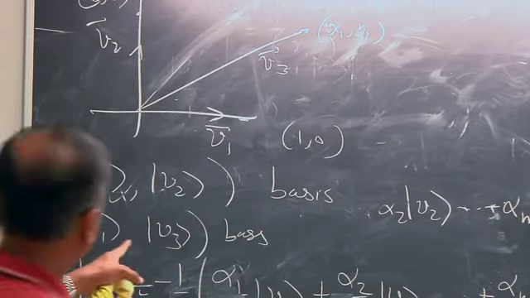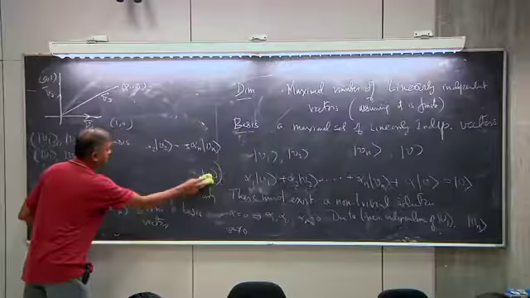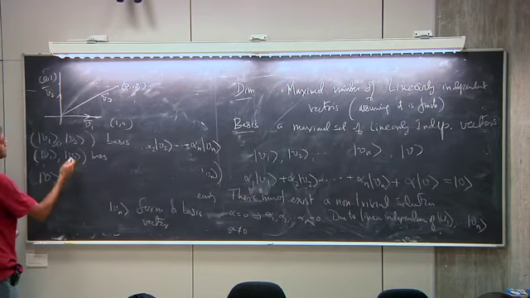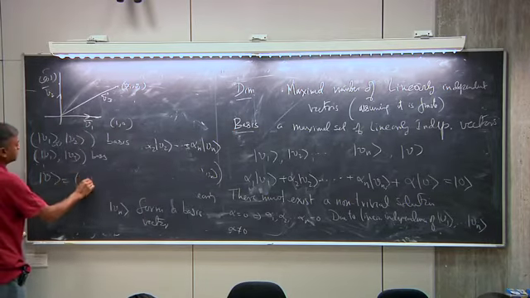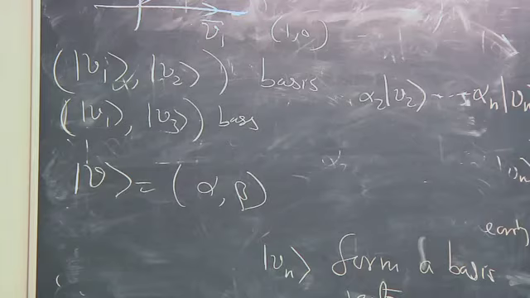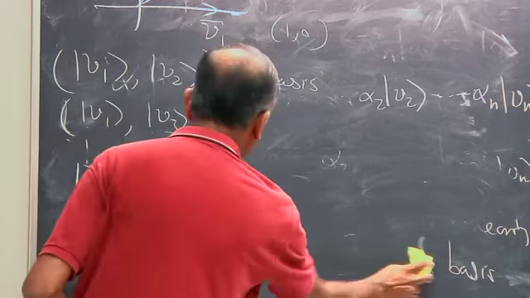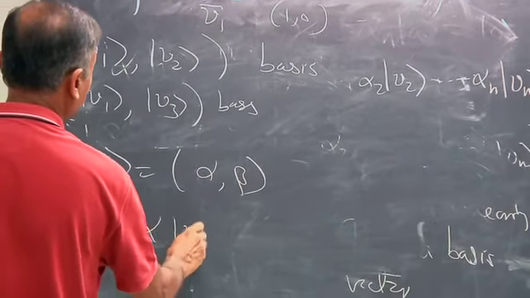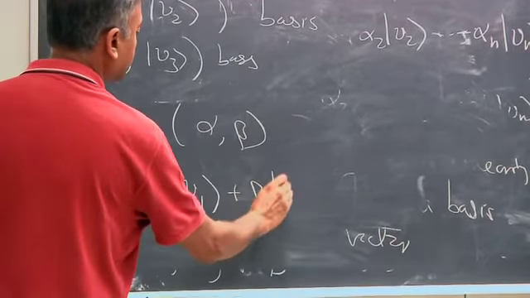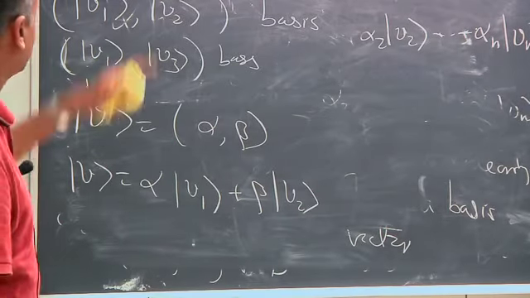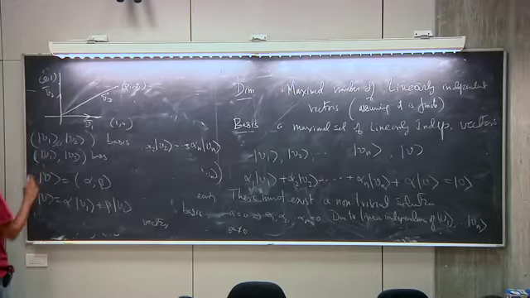For example, let's say I take an arbitrary vector V, which is say alpha, beta. The two components are alpha and beta. If I choose V1 and V2 as my basis, I can write V as alpha V1 plus beta V2, right? That's clear, because V1 and V2 are that. But what if I choose V1 and V3 as my basis?